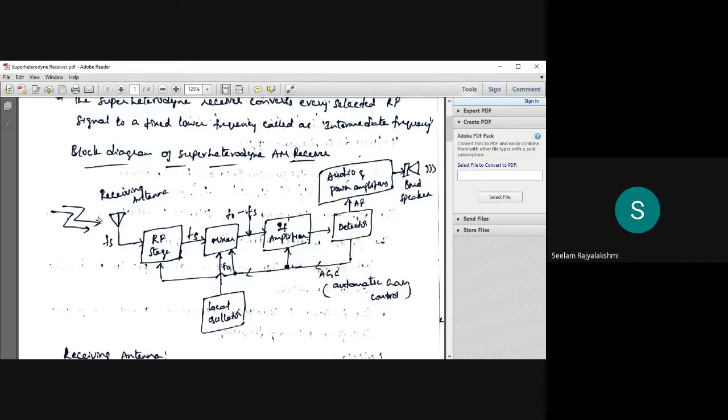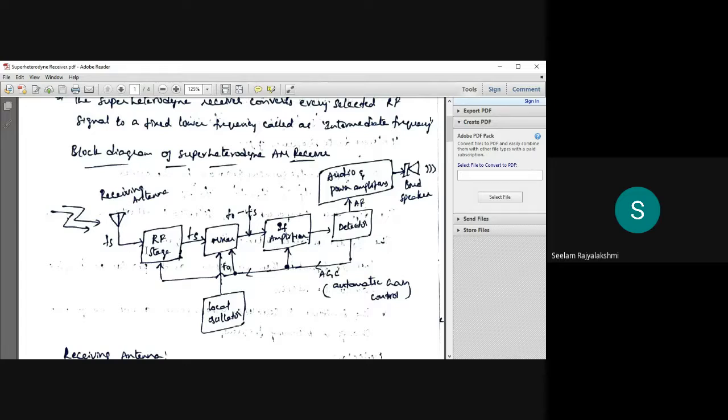When the receiving antenna receives it, it induces a small voltage in the receiving antenna.